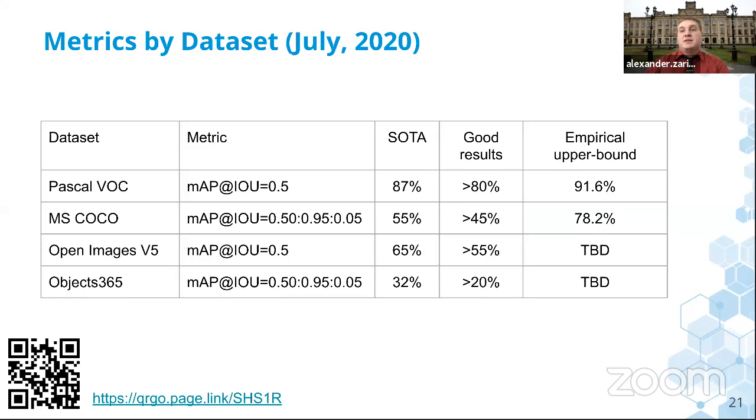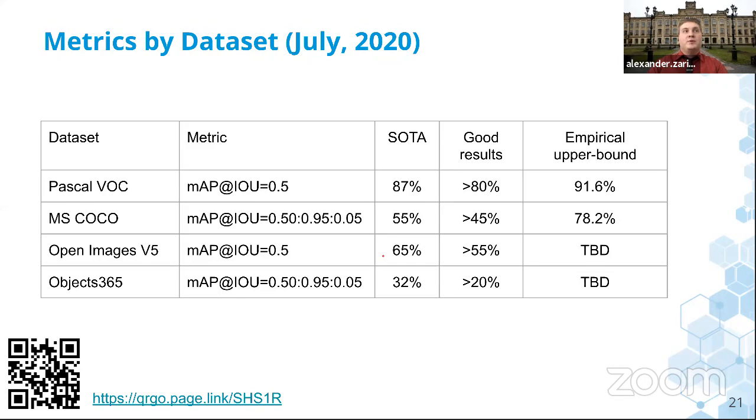And as we can see, this metric is quite hard to improve. As a result, we can see that datasets that use COCO metric have lower average precision scores compared to the datasets that use simple mean average precision at IoU 0.5.